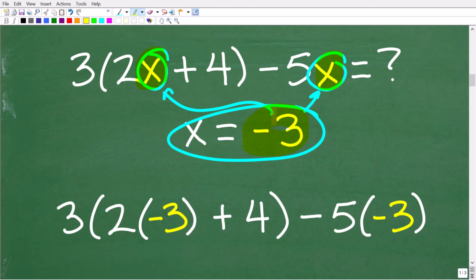This is critical. So the first step is the following. We're going to replace these x's with negative 3, but we're going to put that negative 3 in parentheses. So we're going to have 3 times, parentheses, 2 times negative 3 in parentheses, plus 4, close parentheses, minus 5 times negative 3 in parentheses.